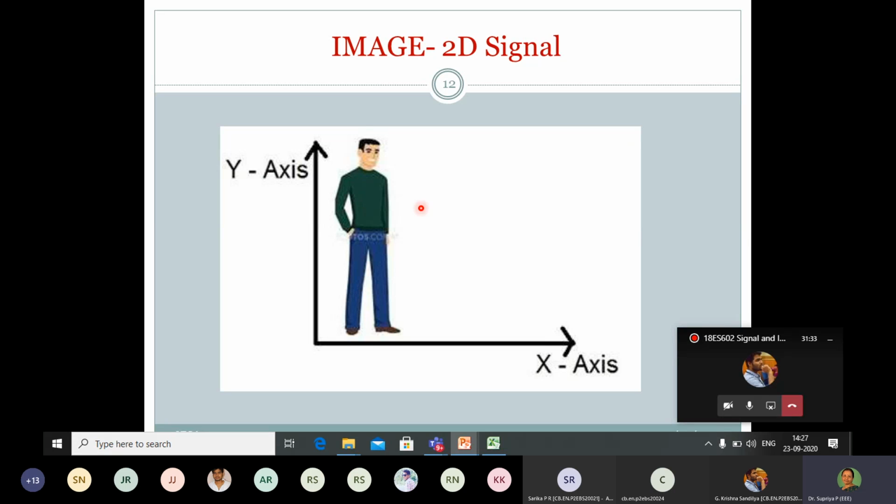Generally you would see that an image is represented by a value f of xy. So it's a function of xy and the intensity of the image. At each point it gives you the intensity that is going to be given by f of xy. We will see more about it in the coming slides.